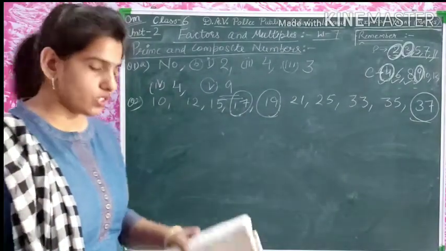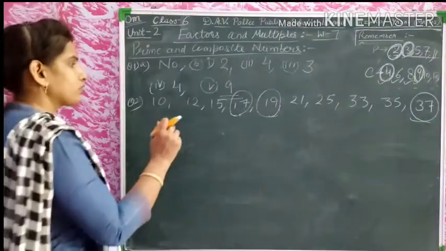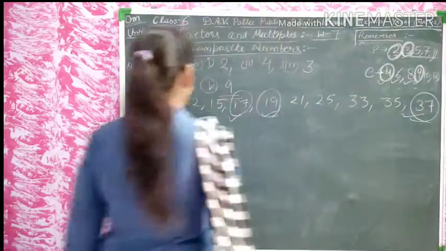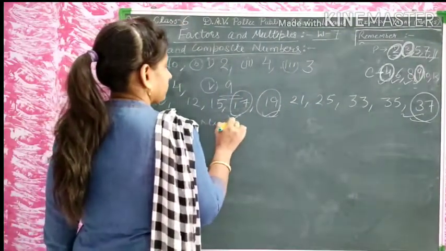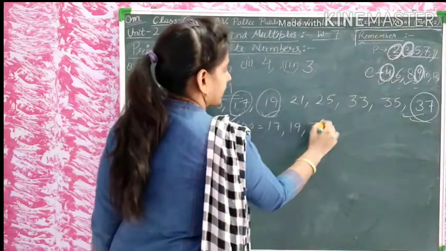Is this clear, students? We have to show here only the prime numbers. So the prime numbers are 17, 19, and 37.